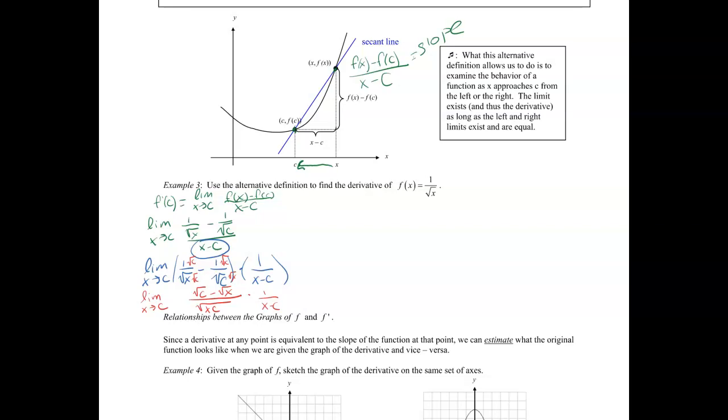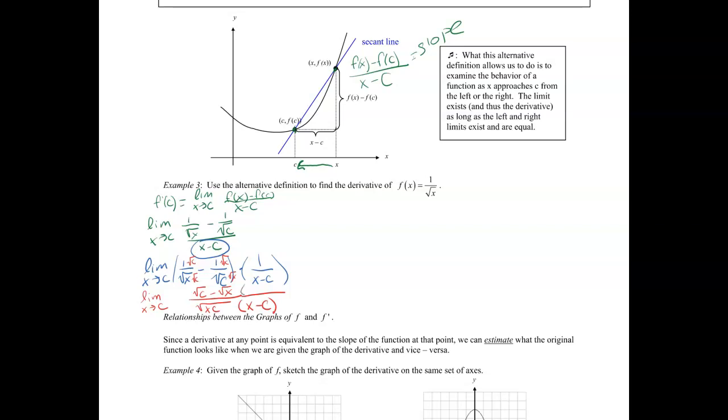But first, I want to try to clean this up a little bit further. So 1 times anything is just going to be that anything, so I am just going to rewrite this as x minus c, because this times that is not going to turn out pretty. So just leave it as it is. Now I'm going to multiply by that conjugate to make our lives a little bit easier.